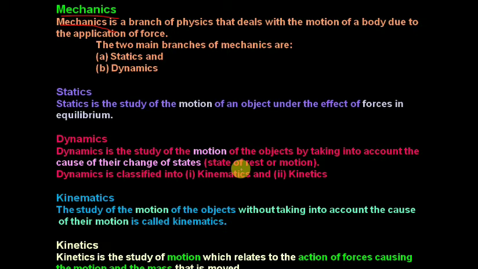So here also there are two branches, kinematics and kinetics. In kinematics we study without taking into account the cause of the motion, meaning there is no need to understand why that body is in motion.